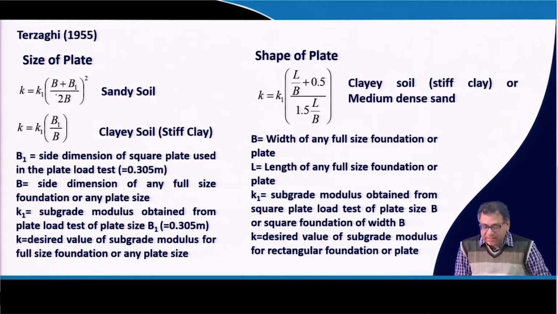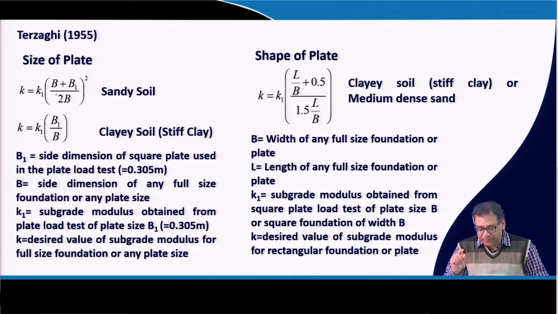Okay. And then the shape of the plate. Suppose you are doing the test for a square plate, then it is fine, because these expressions are all valid for the square plate. I mean, this k value you are getting for the square plate, but your actual foundation is a rectangular foundation, so how do you convert that value for the rectangular foundation?